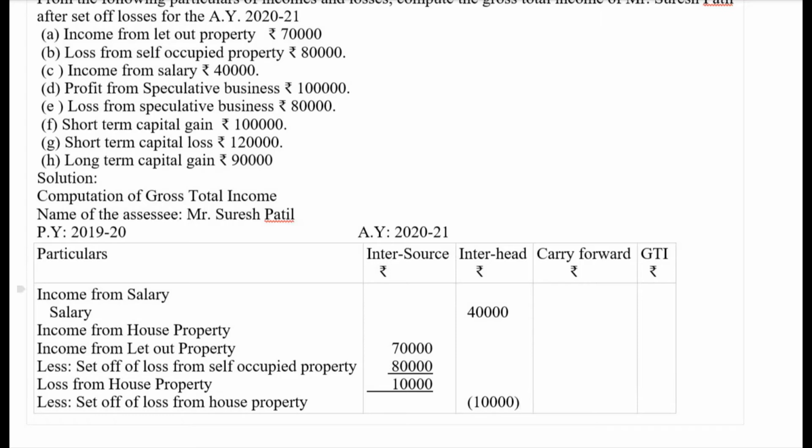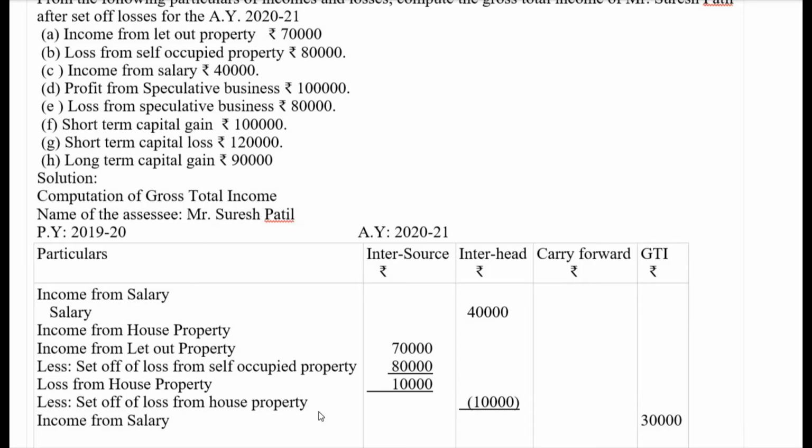So now let's underline here. The difference is nothing but 30,000, which is income from salary.